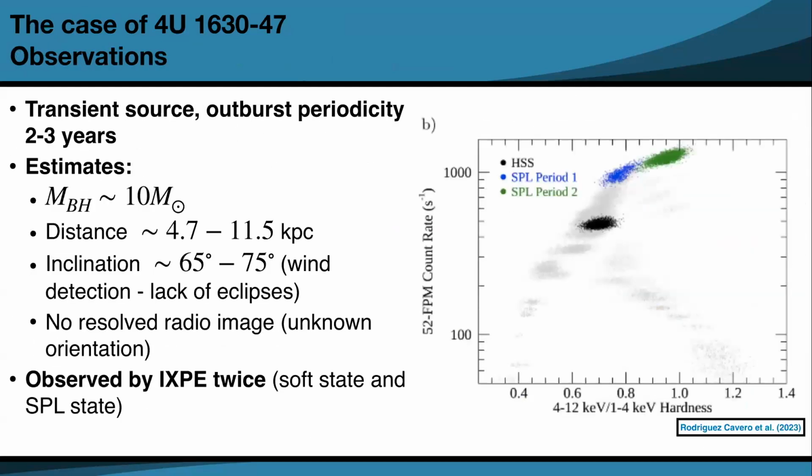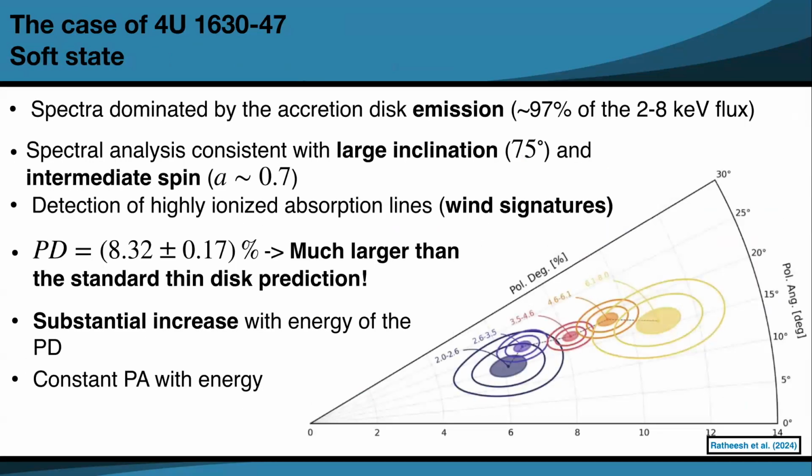We assume the mass of the black hole to be 10 solar masses, and we assume the spin to be the one obtained from the spectral analysis, so this 0.7. But of course, the sampling and also the ionization properties of this medium depend on both the mass and the spin. In this case, we just assumed the parameters that we found from the spectral analysis and from independent estimates.